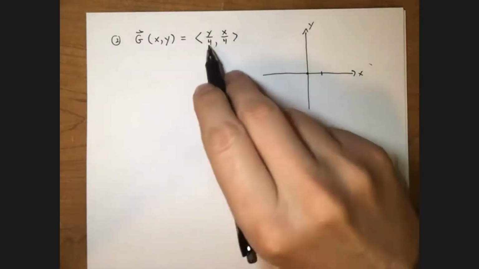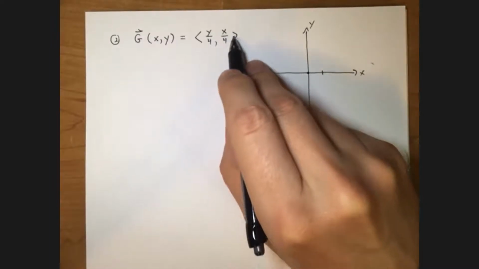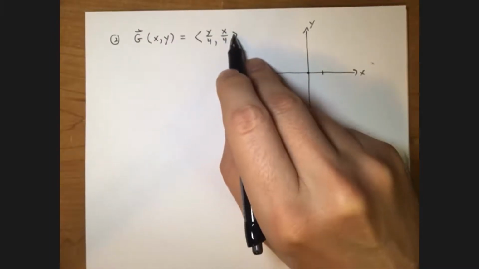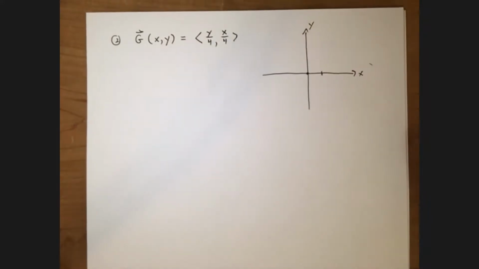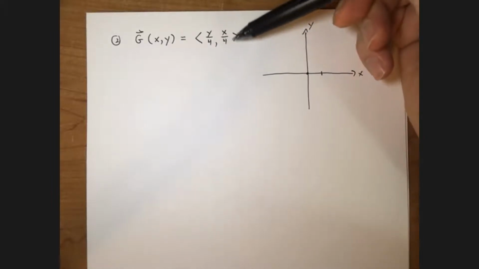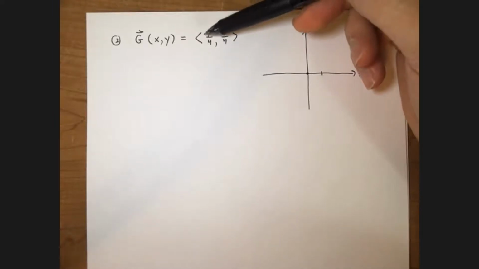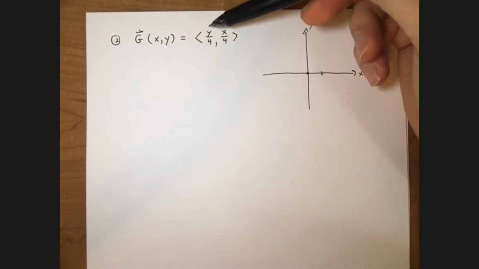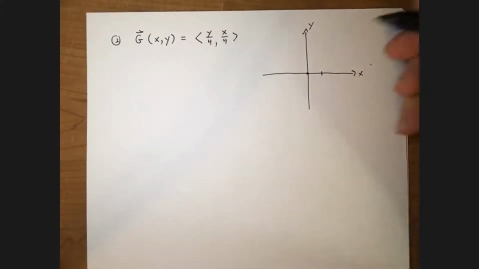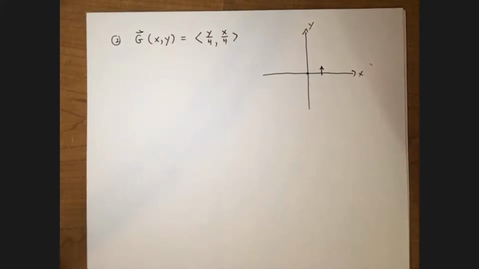So y is 0, so the x coordinate is 0, and because x is 1, the y coordinate of my vector field becomes 1/4. So it's actually a vector pointing up 1/4 in this direction.